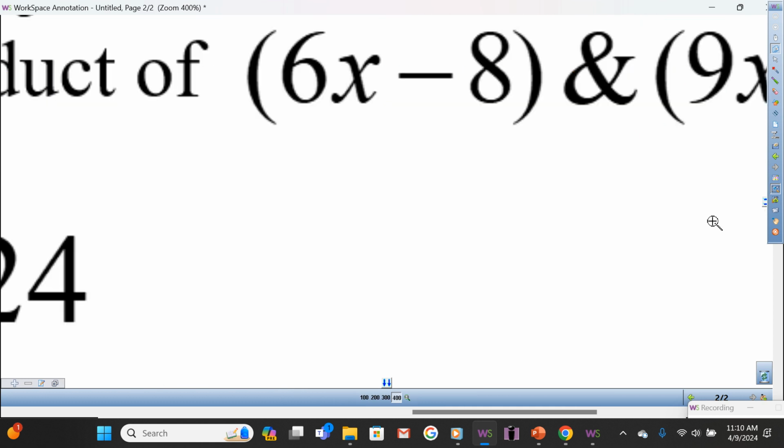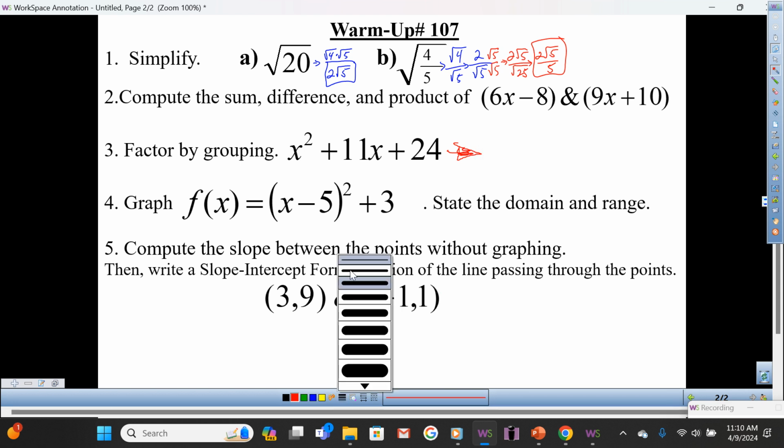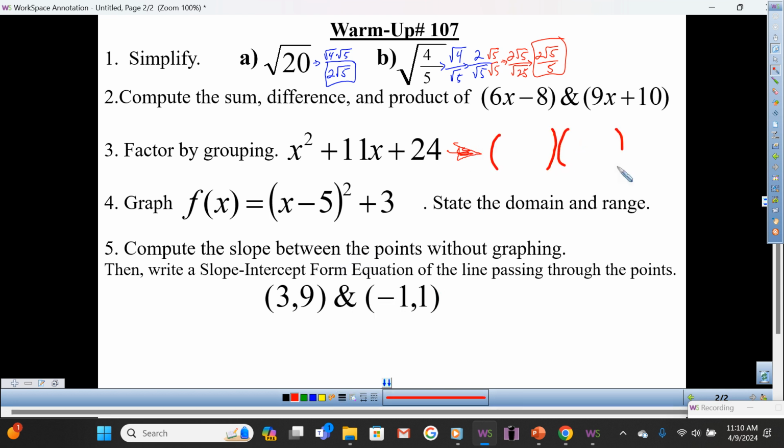Let me zoom out. For the sake of time, show your neighbor what you got for the sum, difference, and product in number 2. Then I'm going to call on someone to give me the factors for number 3. Show your neighbor number 3. Factors for number 3.